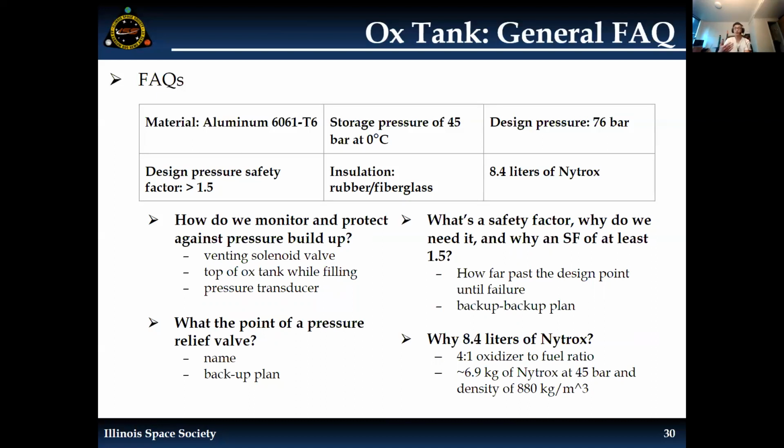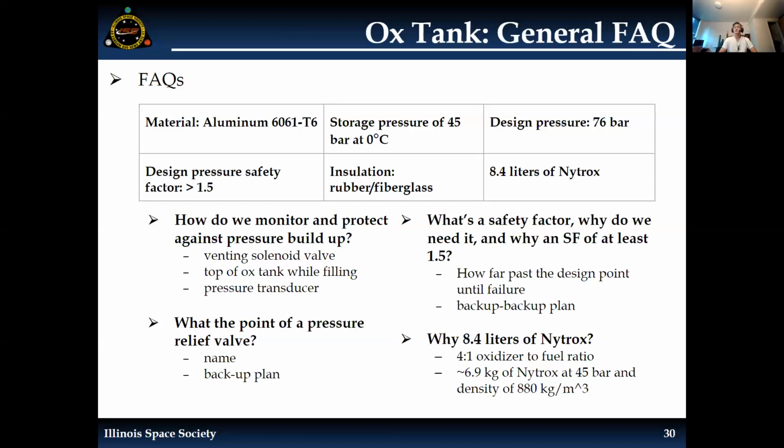So the point of a pressure relief valve is to serve as a failsafe, because that doesn't require us to manually actuate it using electronics. It just pops open if the oxidizer tank goes up to a certain pressure. So that's essentially a backup plan in case the solenoid valve fails.